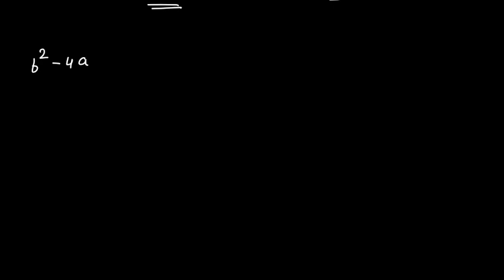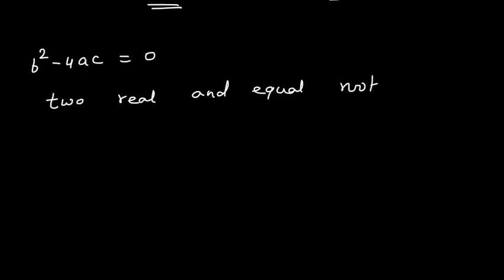When b square minus 4ac is equal to 0, we get two real and equal roots, or we will say that we will get one real root. When two roots are equal, that means they are the same, so we can say one real root when b square minus 4ac is equal to 0.